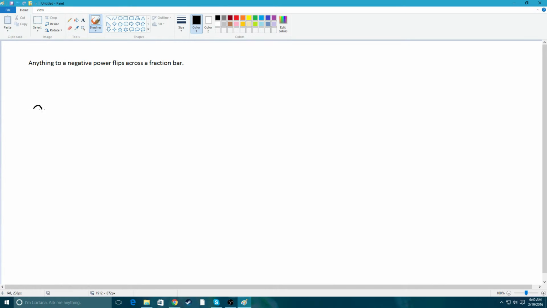Well, you got 2 to the negative 3 power. The way we get rid of a negative exponent is we look at this fraction bar and we bring it underneath it. So this becomes 1 over 2 to the positive 3 power, for an answer of 1 over 8.